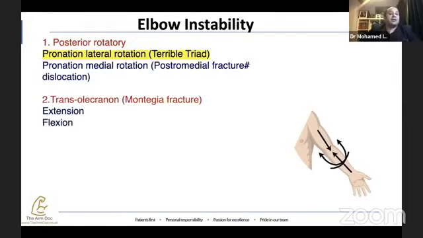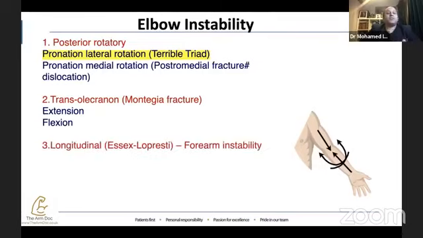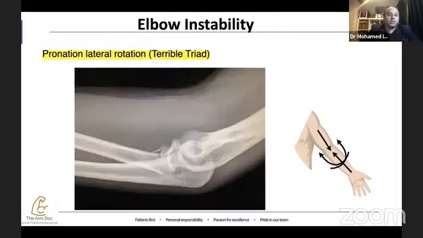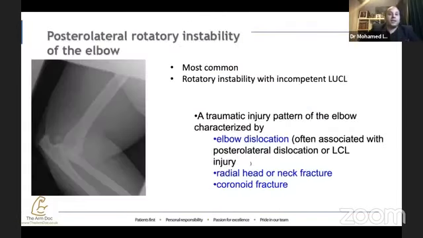Transolecranon instability, either apex anterior or posterior, like Monteggia fractures, or the longitudinal instability, which is more a forearm instability, as in the case of Essex-Lopresti lesions. We'll try to focus in this talk on the terrible triad, which is the commonest of all instabilities.